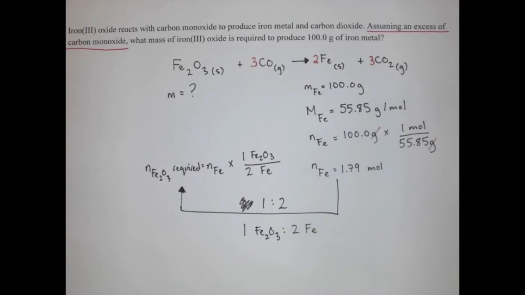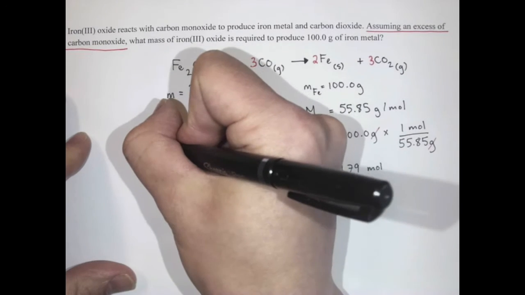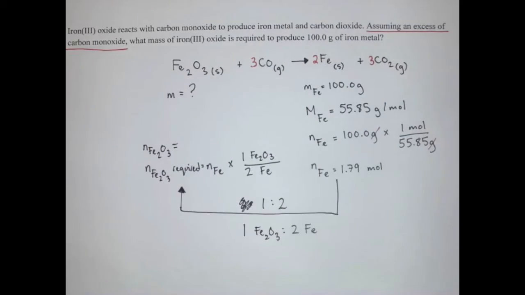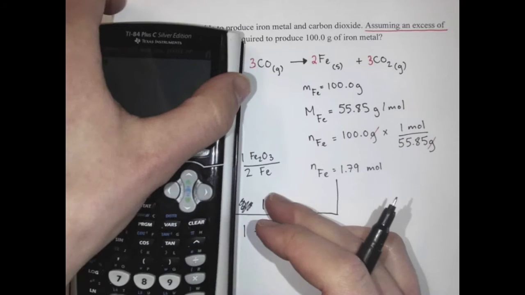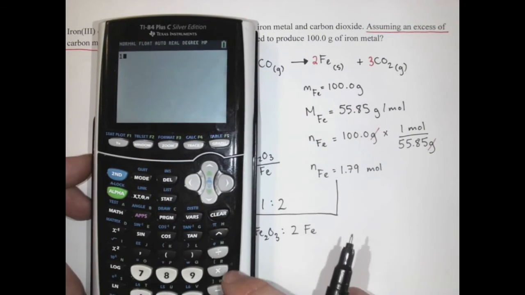So we're just multiplying it by 1/2, or you could divide by 2. So my number of moles of iron, I take that number I had. So it's roughly 1.79 divided by 2.